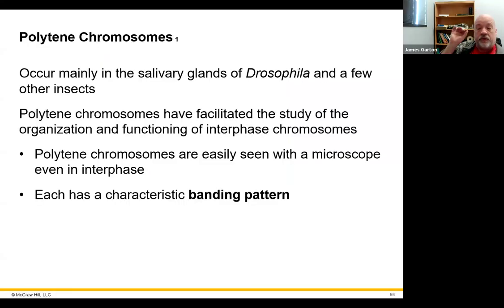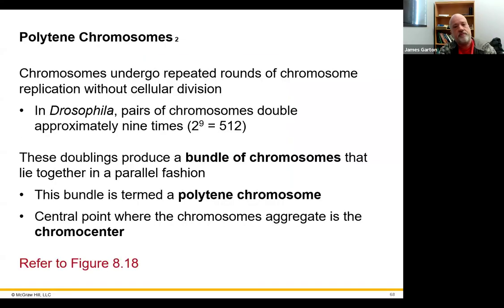And so you can overcopy that little region of the chromosome and make it huge. And it's pretty easy to see microscopically. Basically, little areas of the chromosome undergo repeated rounds of chromosome division, but then the cells don't divide.